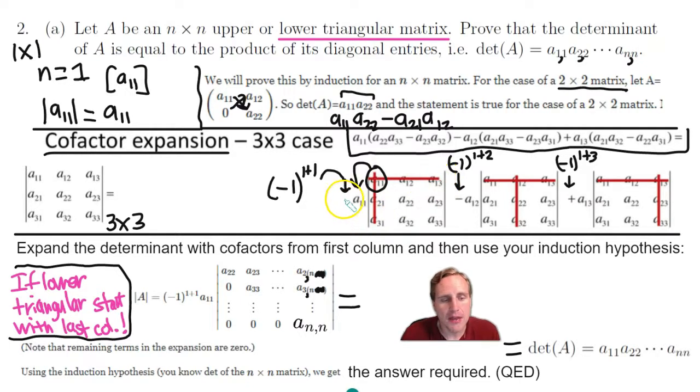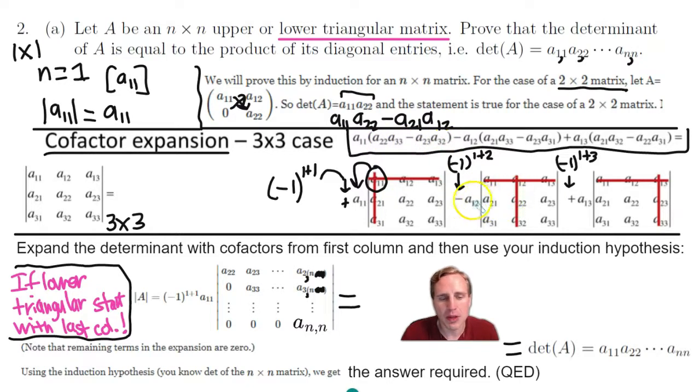By the way, there's a positive in front here, because whatever the subscripts on the cofactor are, on the A11, you put those as the exponents. So it's -1 to the 1 plus 1 power, which is really just -1 squared, which is positive. Then we use this 2 by 2 determinant, which is A22, A33 minus A23, A32.